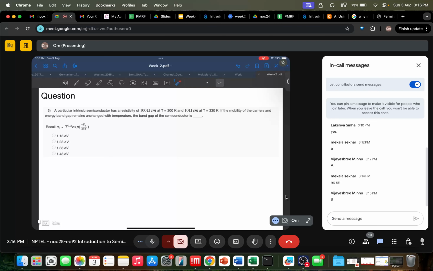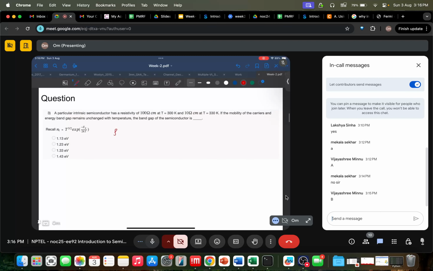It says a particular intrinsic semiconductor has a resistivity of 100 ohm centimeter at T equals 300 Kelvin and 10 ohm centimeter at T equals 330 Kelvin. So rho 1 is 100 ohm centimeter at T1 equals 300 Kelvin, rho 2 is 10 ohm centimeter at T2 equals 330 Kelvin.